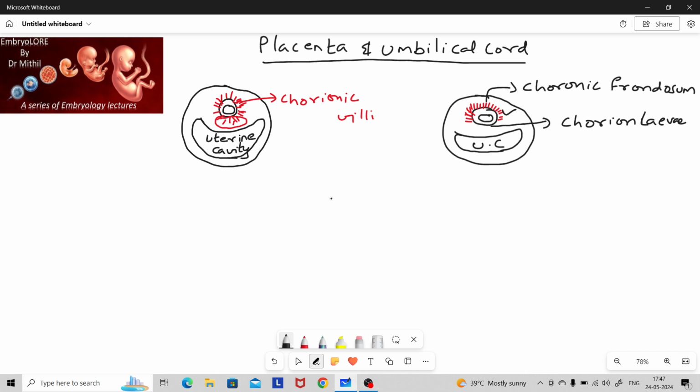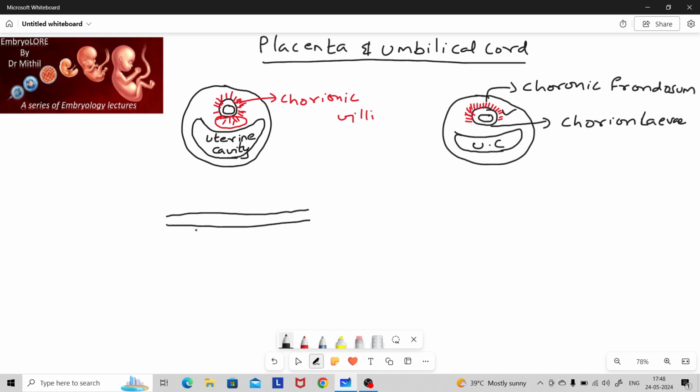So now the extra embryonic mesoderm, here I will be drawing layer by layer. So first of all, that is the first layer, and the gap between the two lines is the extra embryonic mesoderm.